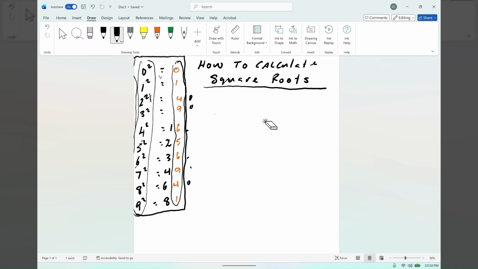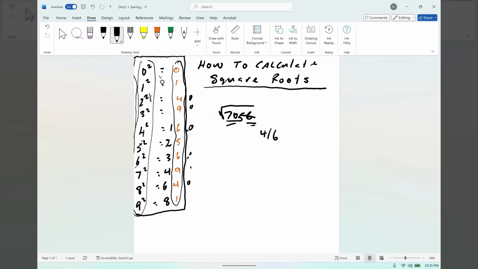Let's do one more example, and that will be the square root of, let's say, 7056, for example. You have a 6 in here, so I know there's a 6 here, and there's a 6 here, so I know I have 4 and 6. I cross this out, and now I have 70.